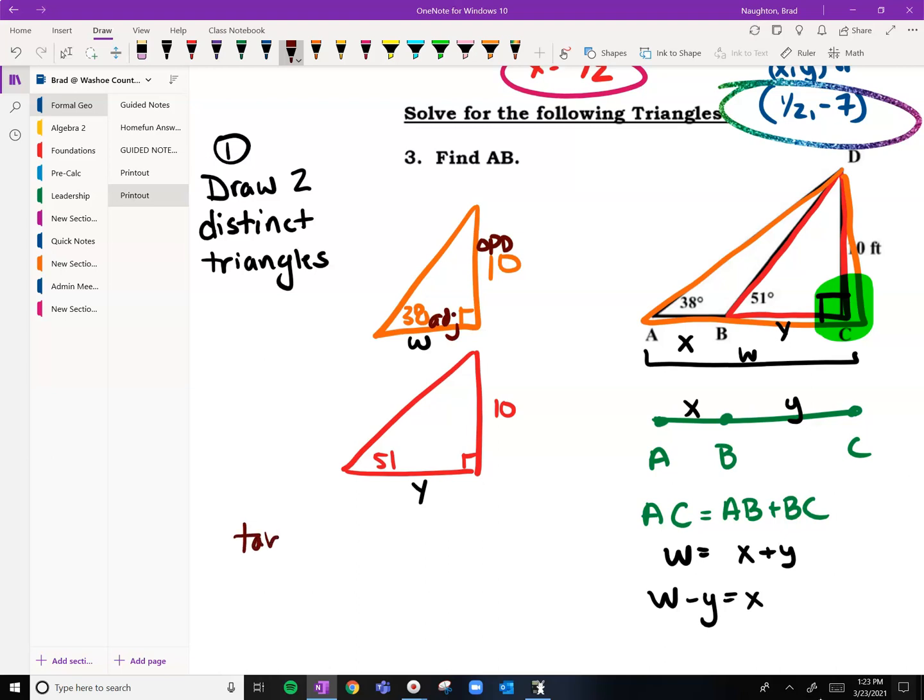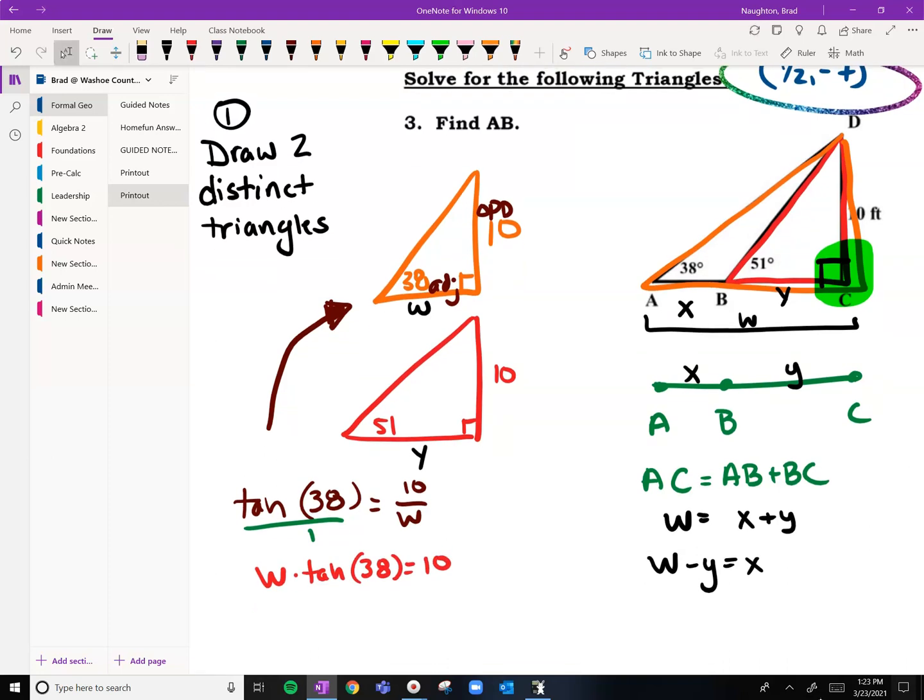So tangent of 38, going to just this orange triangle, is equal to opposite over adjacent. To solve for W, I put this over 1, cross multiply, so W times tangent 38 is equal to 10. So W is equal to 10 over tangent 38.